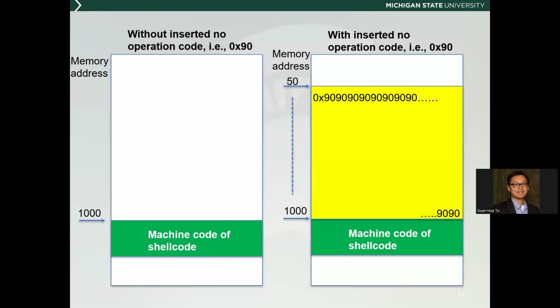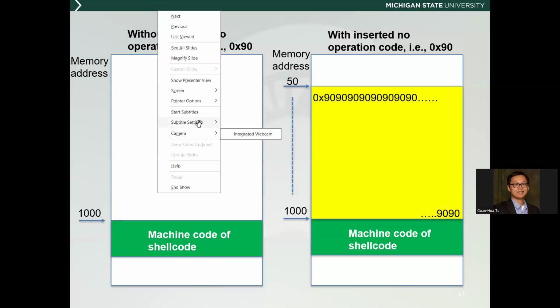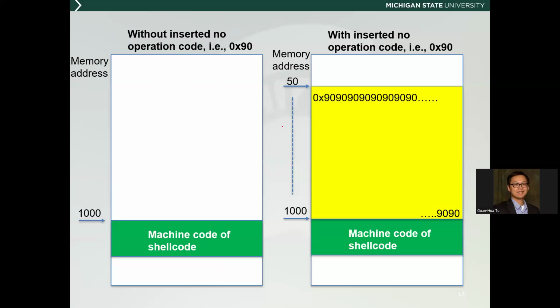Any question for that? No matter what your guess is, that eventually will go to your machine code. But if you don't add the no operation, you have to provide the accurate memory address storing your machine code, like 1000 here.